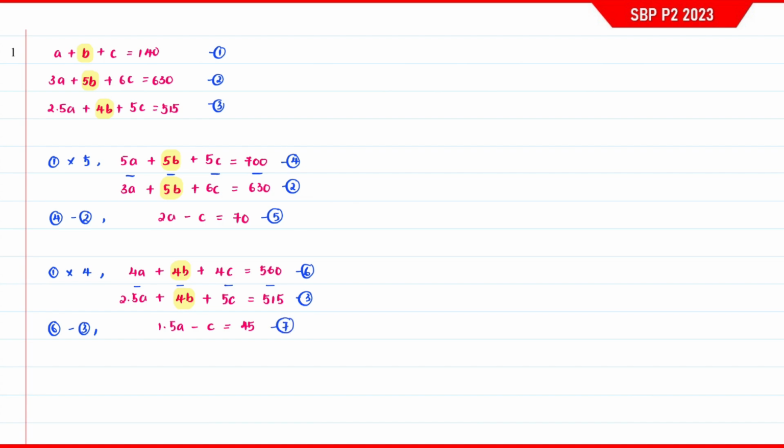So now using equations 5 and 7, we are going to continue to eliminate the variable C. To eliminate the C in equations 5 and 7, I'm going to use equation 5 minus equation 7. So here we're going to get 0.5A equal to 25.